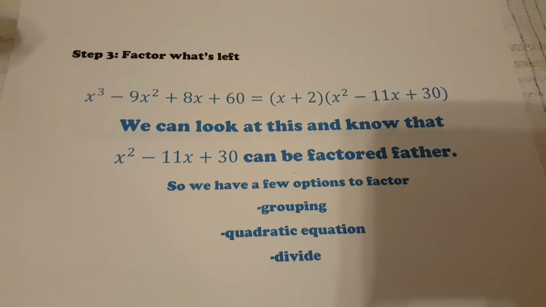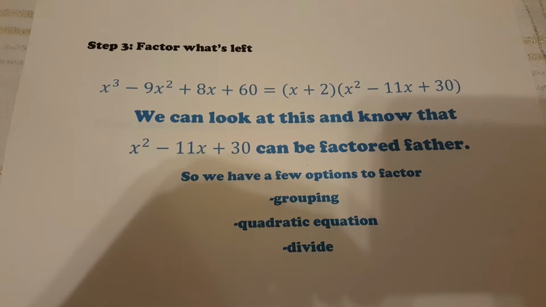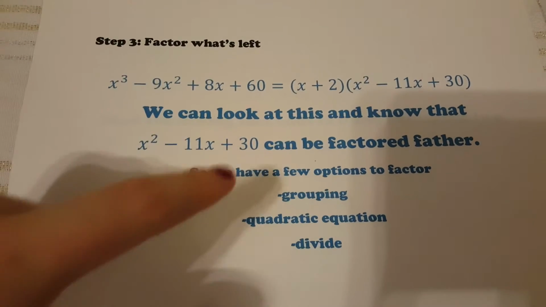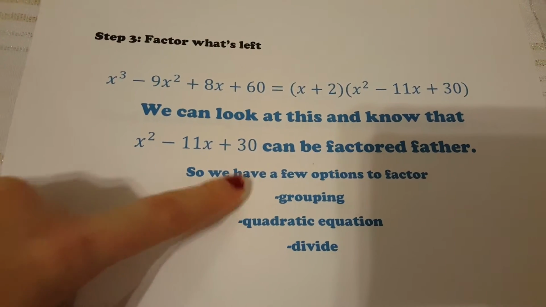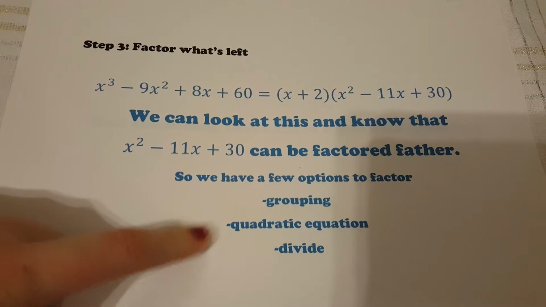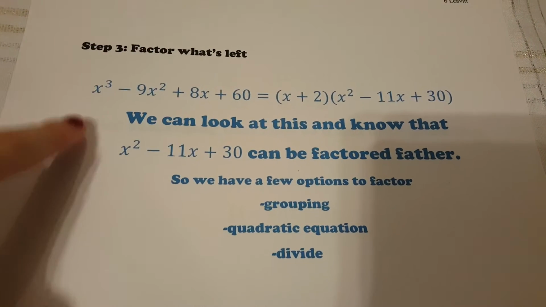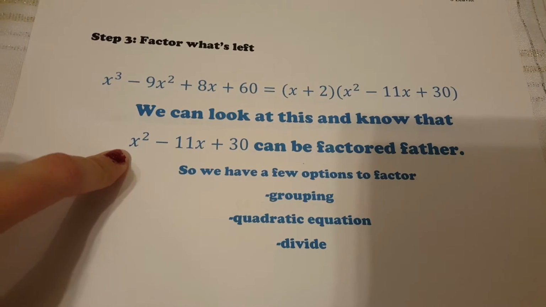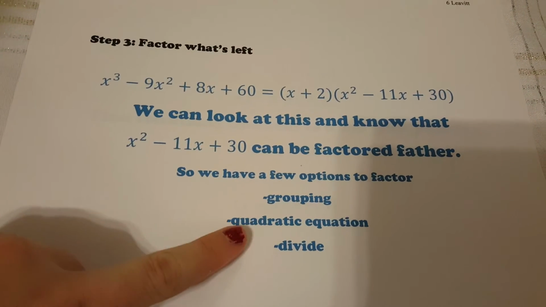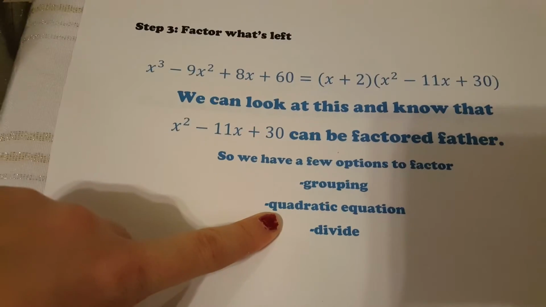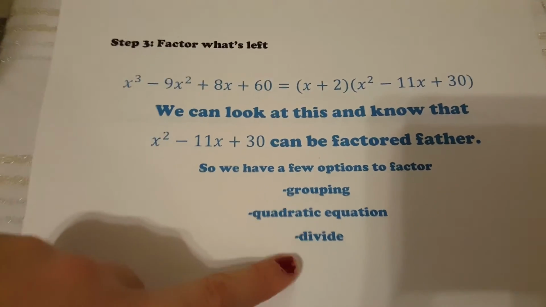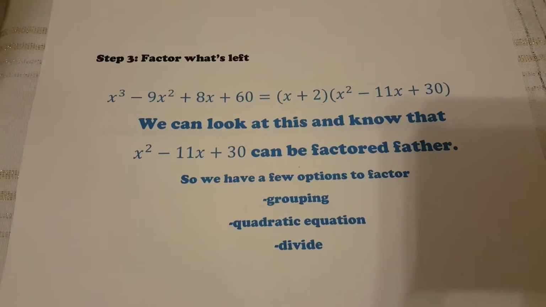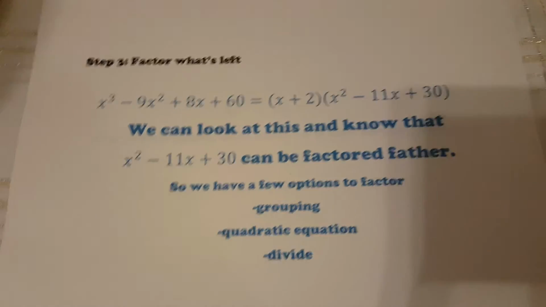We want to get it to its lowest point that it'll be factored. So there are a few different ways we could do this. We could do grouping, we could do the quadratic equation, or we could divide again. Now, I can look at this and I can easily see two numbers so that I could use grouping. The quadratic equation is going to be a little bit more complicated, and dividing is just a little bit more work right now than what we need to do.